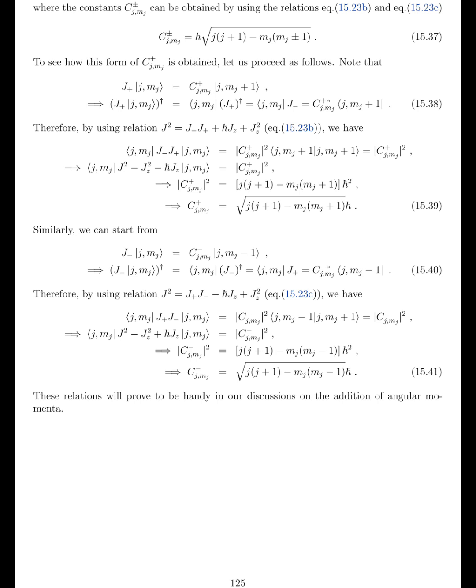These phase factors are never going to matter if I look at matrix elements. The amplitude, the mod square, will matter, but those phases won't. So that's why it doesn't really matter. If we choose a convention, take the plus consistently or the minus consistently, it won't matter.